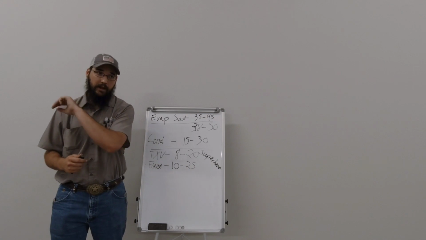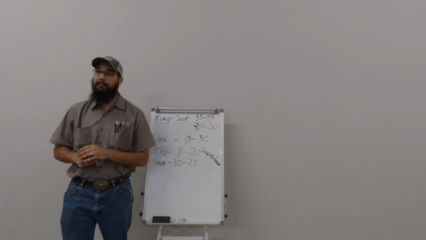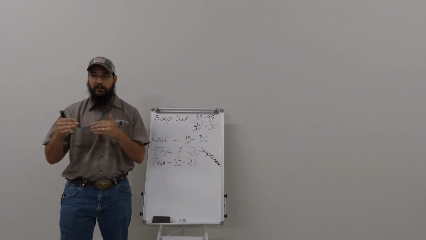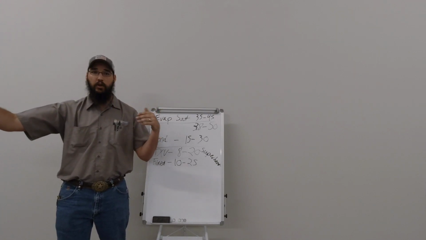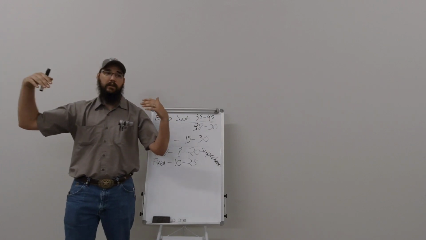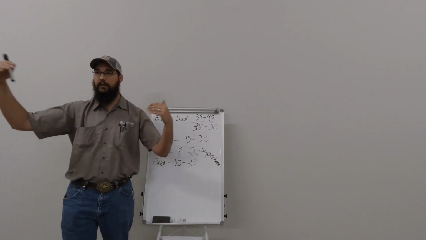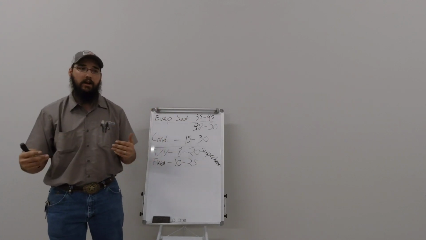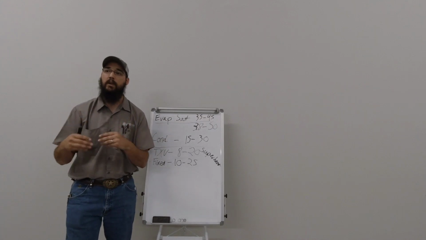A perfect example of that are IntelliPacks. A lot of people get in trouble because of IntelliPacks, especially dual circuit, where you have two circuits, each with say four compressors. I've seen them anywhere from 2 compressors per circuit to 6 compressors per circuit. Despite how many you have, say you just have 2 compressors per circuit.